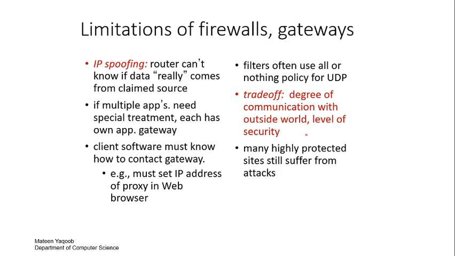Filtering also uses an all-or-nothing policy for UDP. So we are trading off the degree of communication with the outside world against the level of security. Many highly protected sites still suffer attacks due to IP spoofing and other techniques, so firewalls and gateways have their limitations.